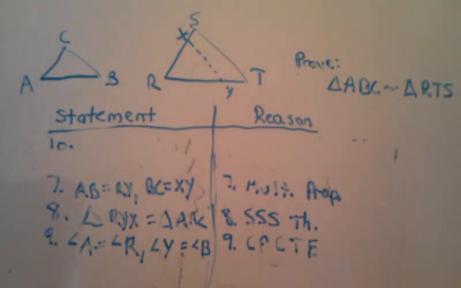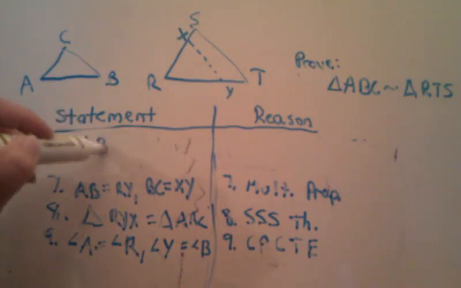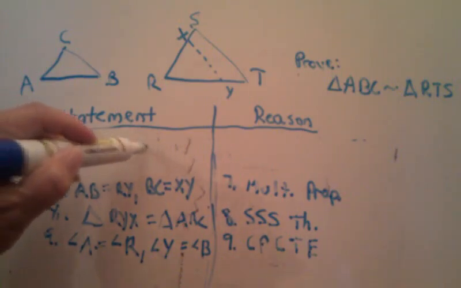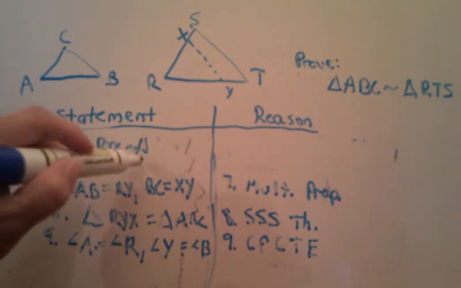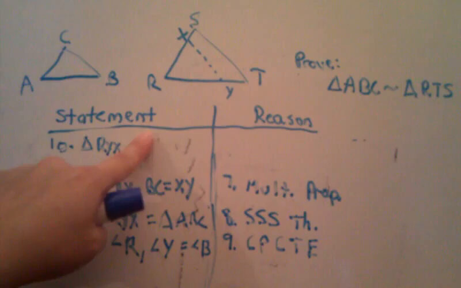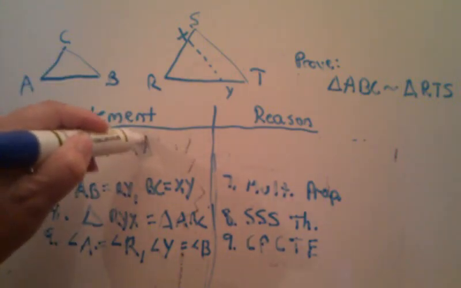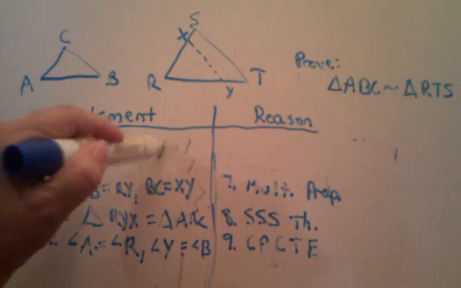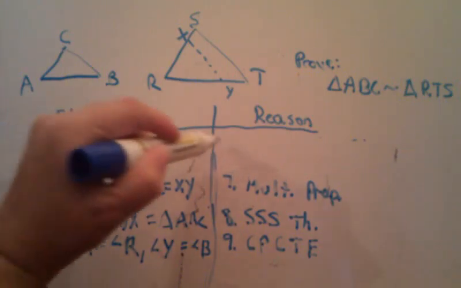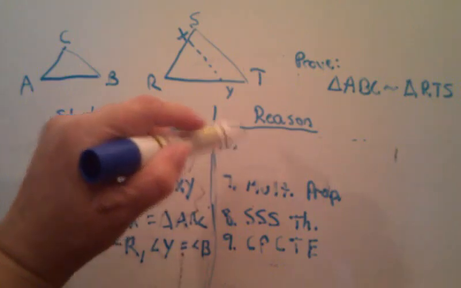I think they did this the long way, but if they're similar, if they're equal, they're also similar. Okay, we proved that they're equal, so we could have went straight from 8 to 10. We wouldn't have had to have number 9 there, but triangle RYX is similar to triangle ABC. It's supposed to be a triangle, by the way. This is the AA theorem.